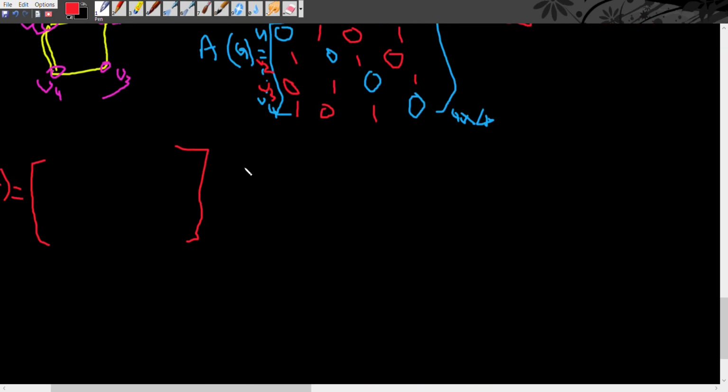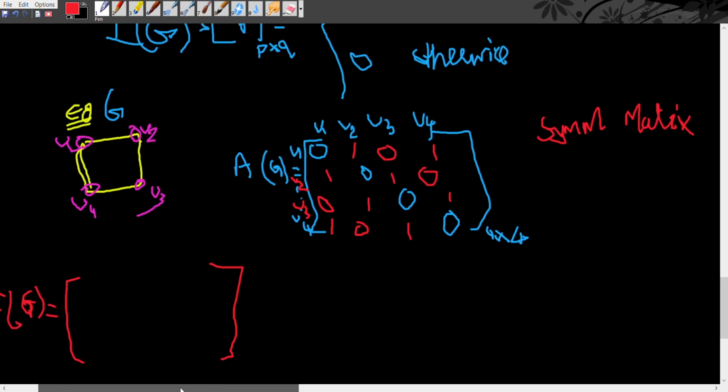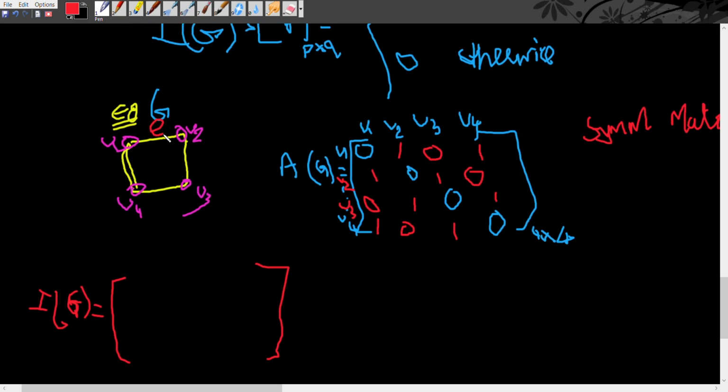So in this graph, we've already got U1, U2, U3, U4 as your vertices. Let's just label the edges for now: E1, E2, E3 and E4.